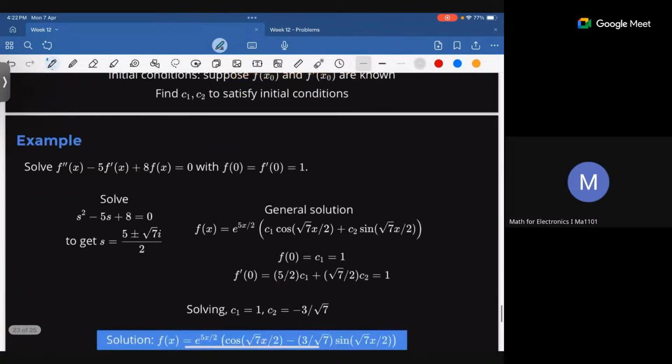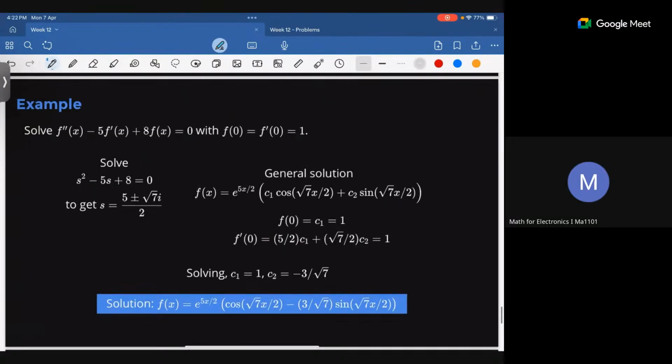Again, here is the example for the third case. You have been given the second order ODE, and with that we form this quadratic equation in terms of s. We get s square minus 5s plus 8 equals 0. If I solve, I get the roots to be (5 plus square root 7 i) by 2 and (5 minus square root 7 i) by 2.